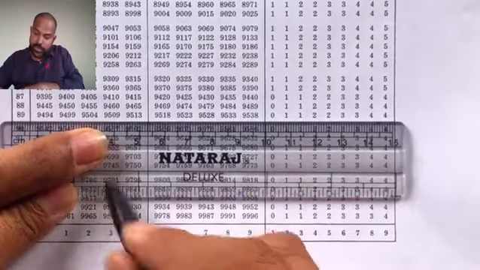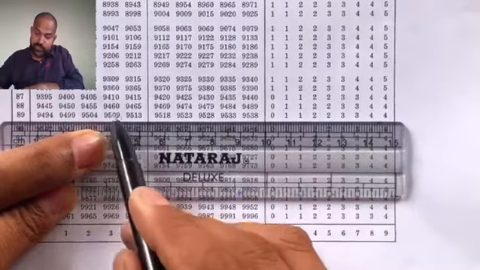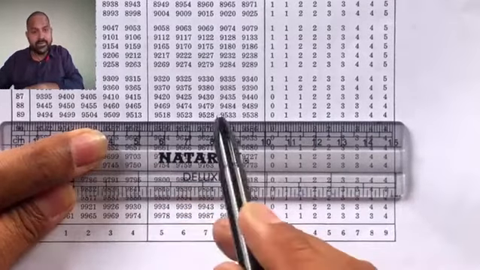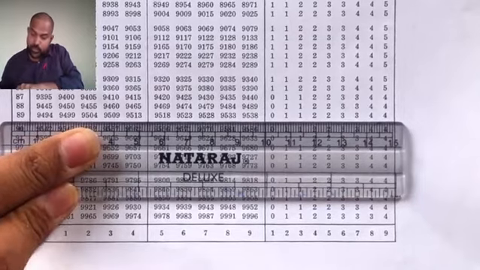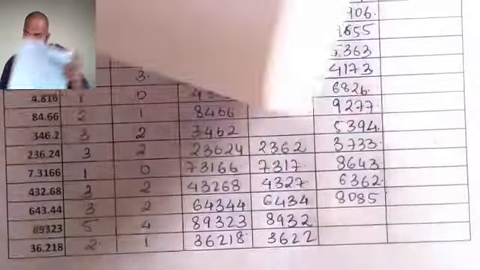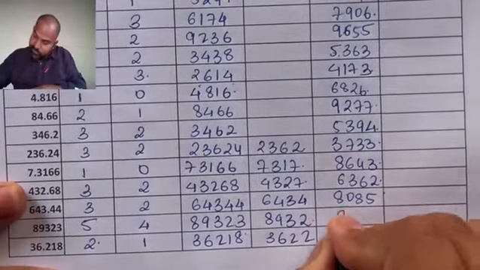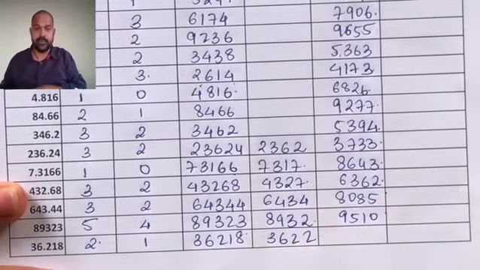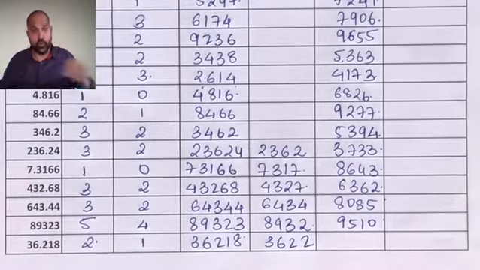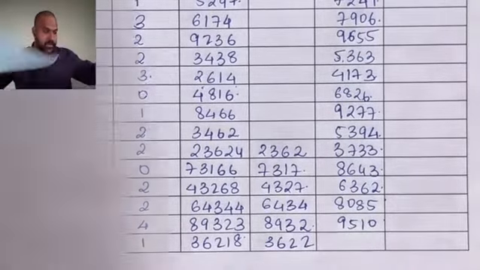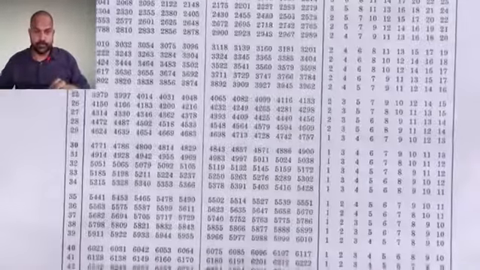So it is going to be 9509 plus 1, which is 9510. So 8932 is 9510. And lastly, 3622. In 36, we look for 2, and in that we look for 2.